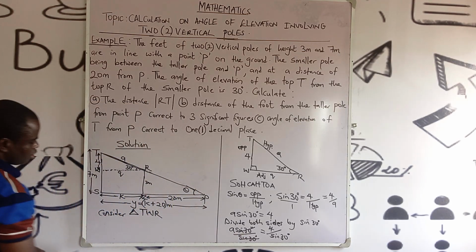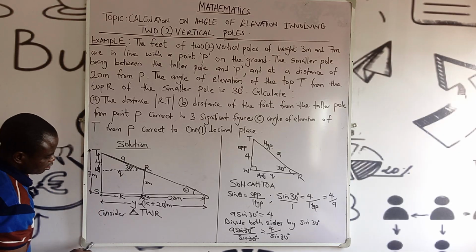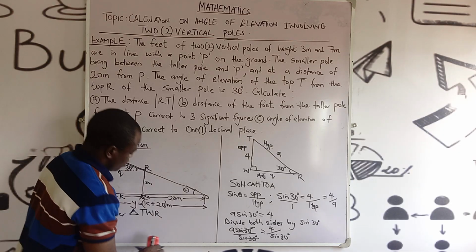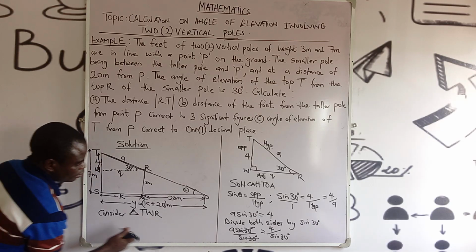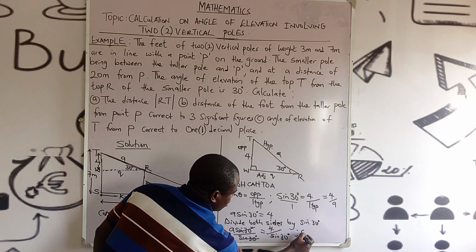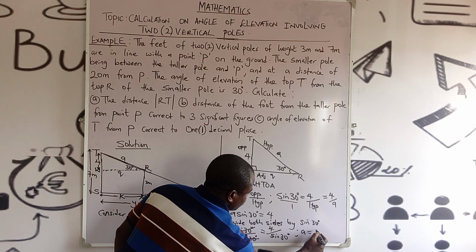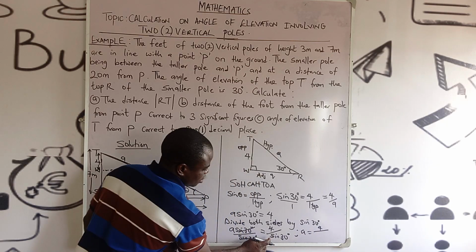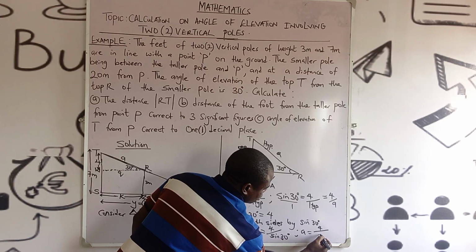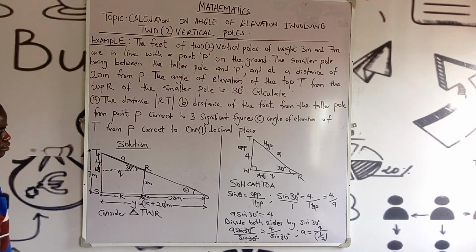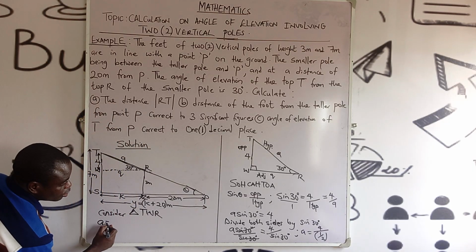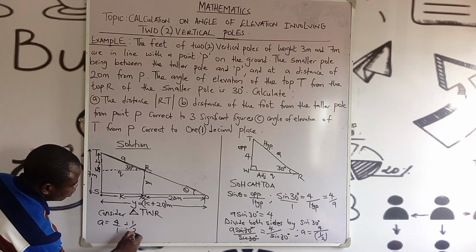You are left with, let's still leave our diagram, A equals 4 divided by sine 30 degrees. What's sine 30 degrees? That's a half, 0.5. So A equals 4 over 1 divided by 1 over 2.